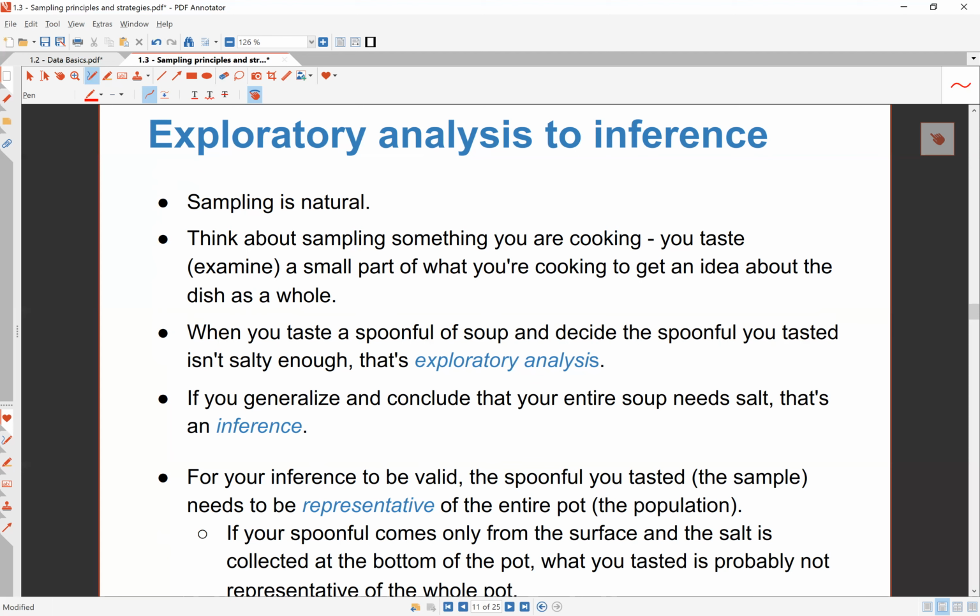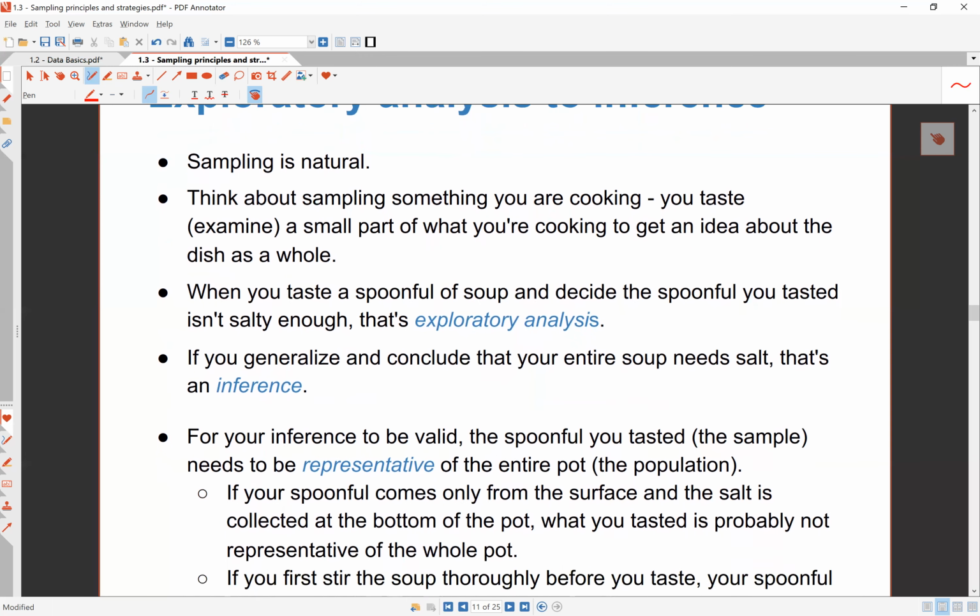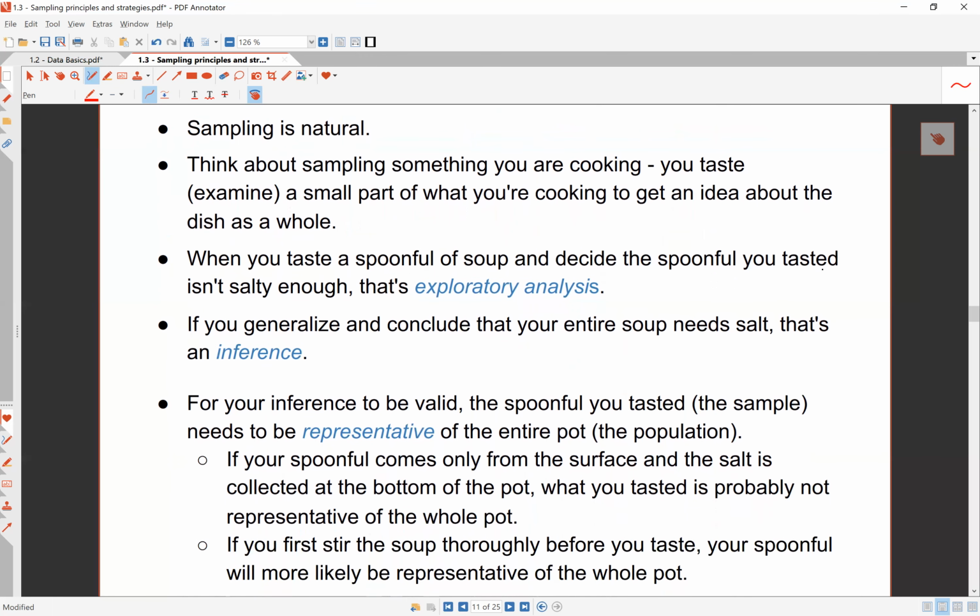But more often than not, the ladle will have all the vegetables in it. So sampling, just by virtue of the randomness, ensures that most people or most objects have a good chance of being representative in your sample. We then talk about 2 kinds of questions that we try and answer. We can sometimes just do an exploratory analysis, which is just basic description of the sample. We talked some about summary statistics yesterday.